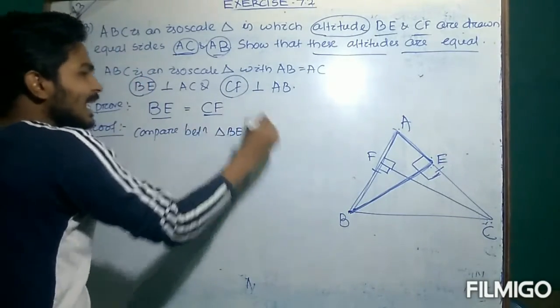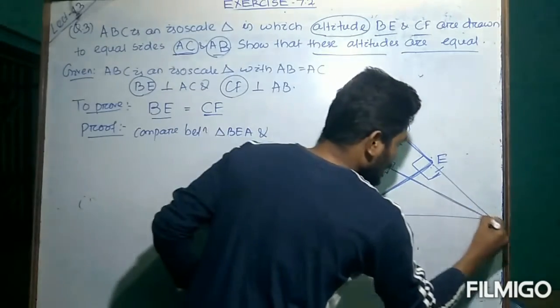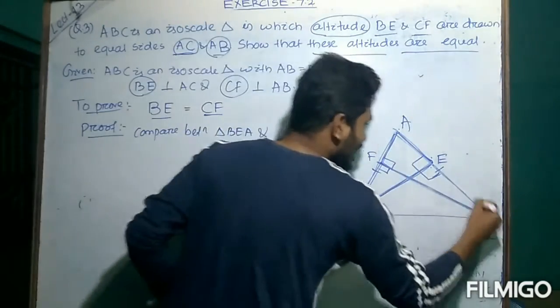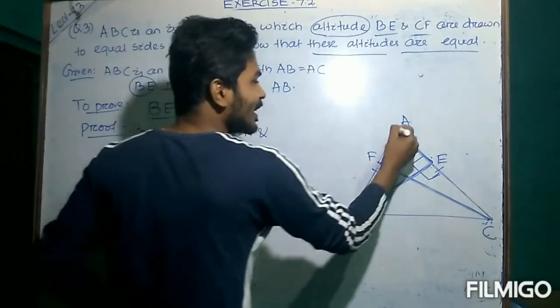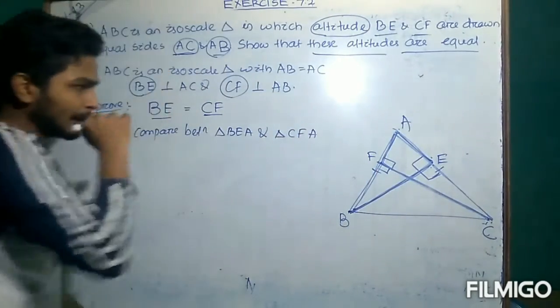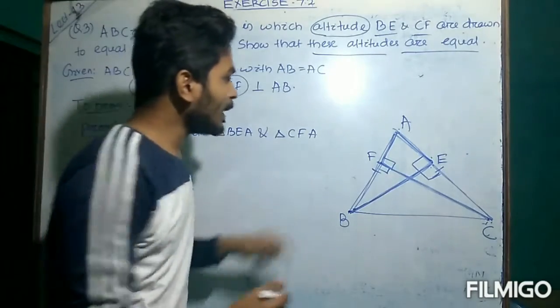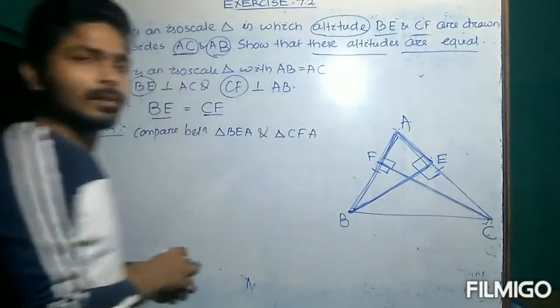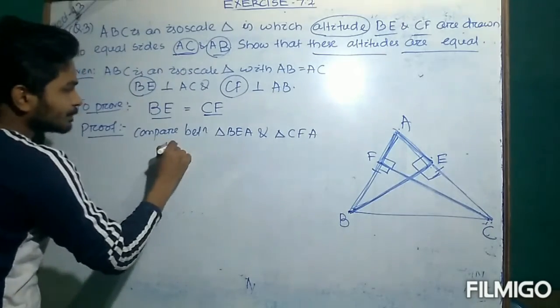And tell me, CF is a side of which triangle? This triangle, CFA. Understood? So we will compare this small triangle with this small triangle.